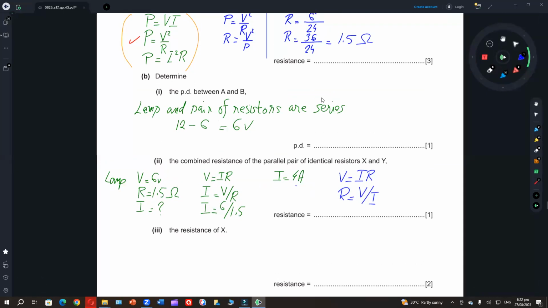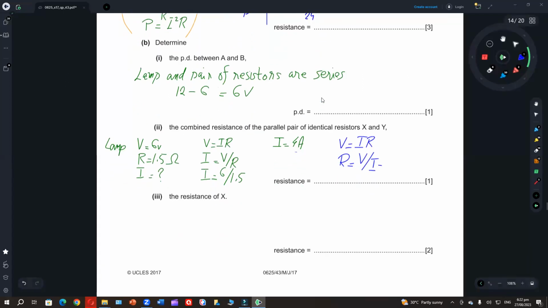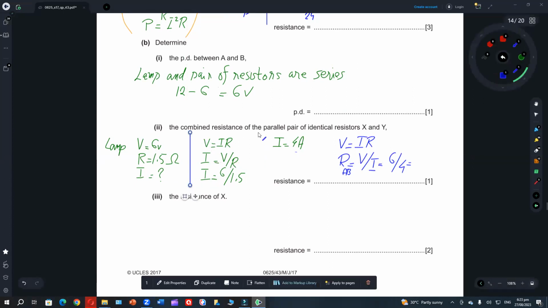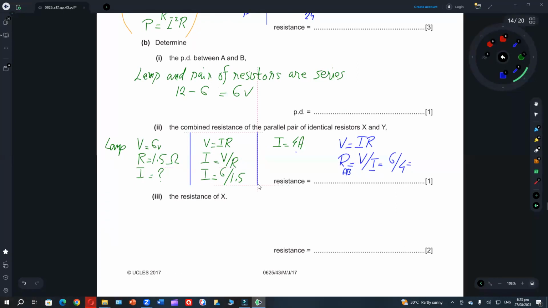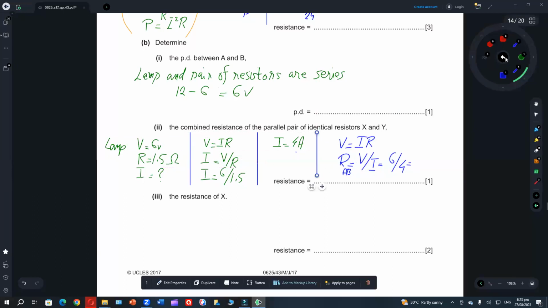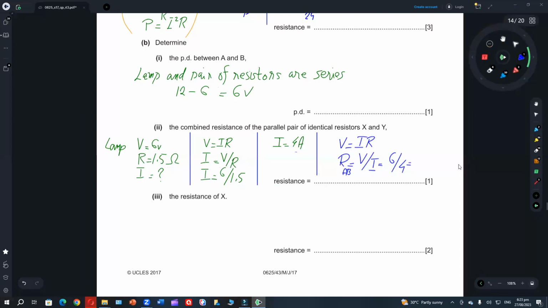The PD across A and B is 6 volt. So I will use the 6 volt and I will get the current. 1.5, as it should be.